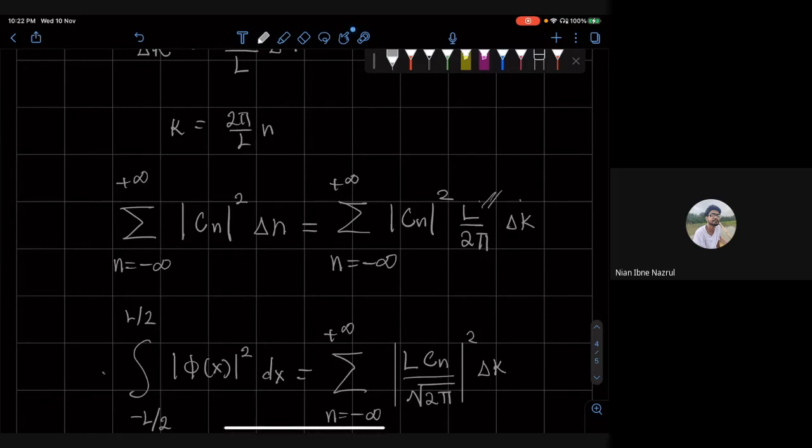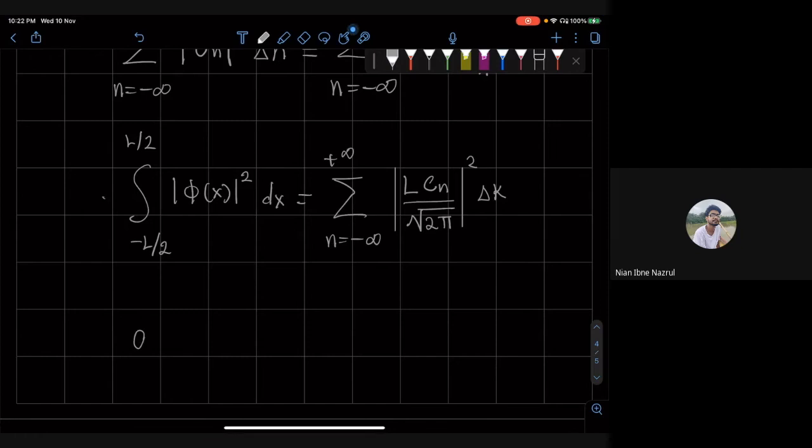So yeah, okay. So now let me define A_L, which is a function of k, to be L Cn divided by square root of 2 pi. And remember that Cn had an integral expression. If I use that expression, then this becomes 1 over root 2 pi, because there was a 1 over L in that expression.